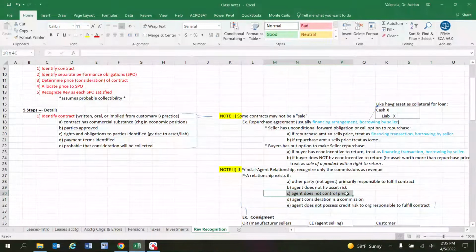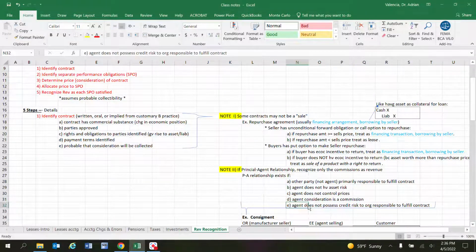If the agent does not control prices, because it's the principal that controls the price, that would be another attribute. Next, the consideration that the agent is to receive is simply a commission. And finally, the agent does not possess credit risk, meaning they are not the ones assuming the payment risk.